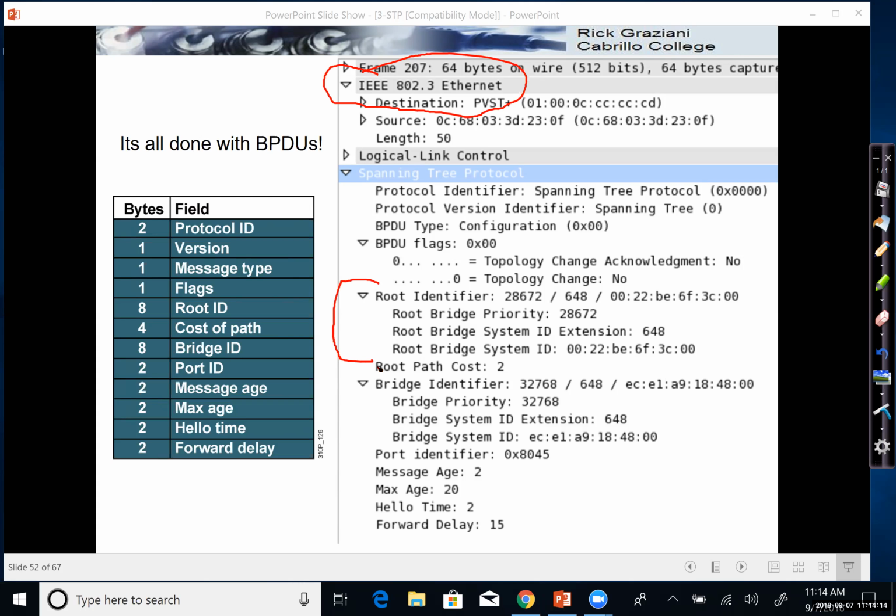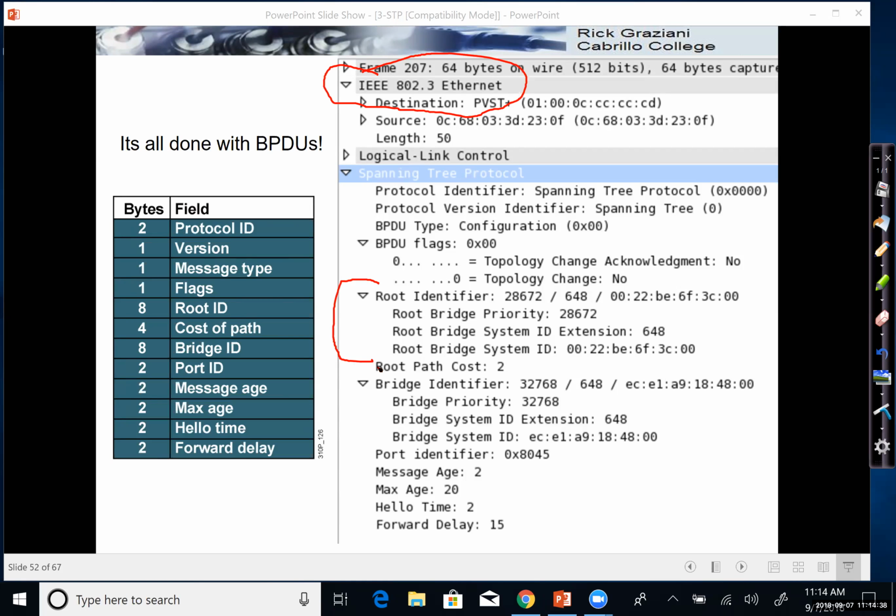We'll talk about this more in another video, but when switches are determining who the root bridge is upon initial convergence, everybody is announcing themselves as the root ID. They say, my bridge ID is the root ID, because I don't know of anybody else yet.